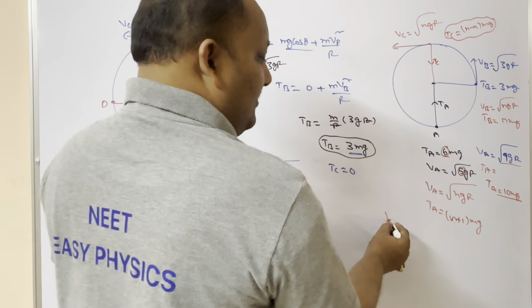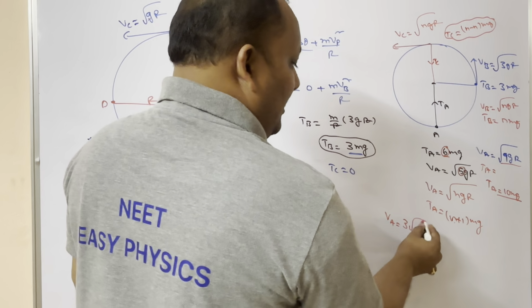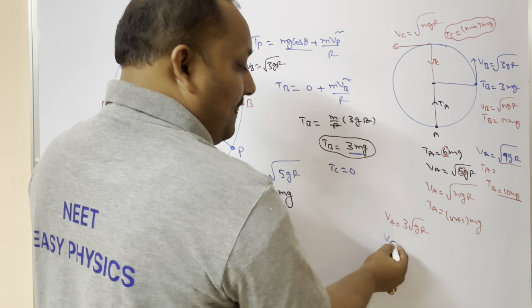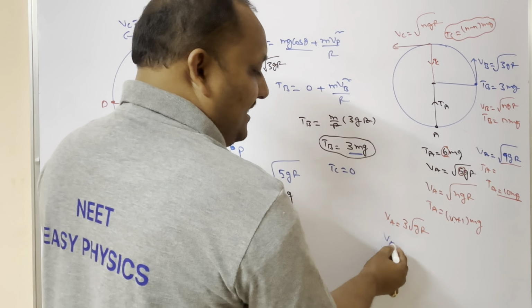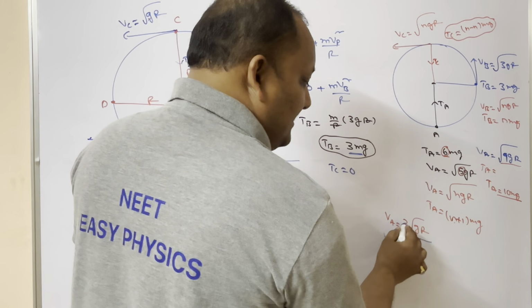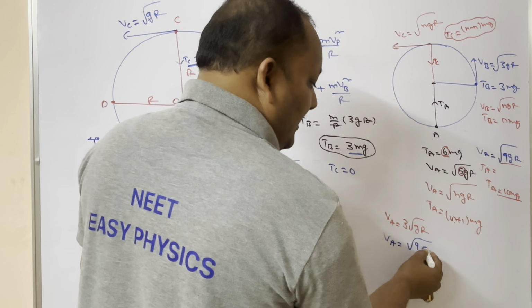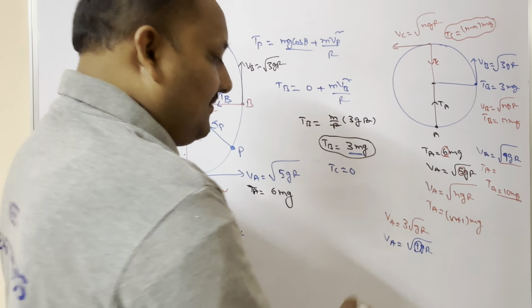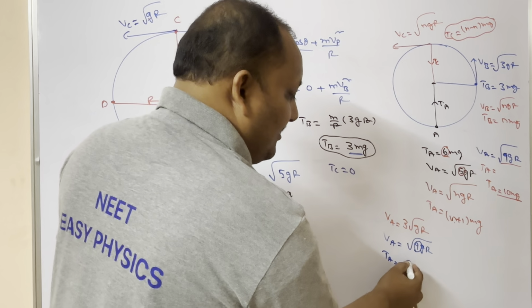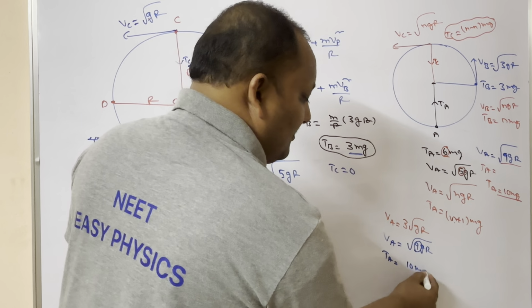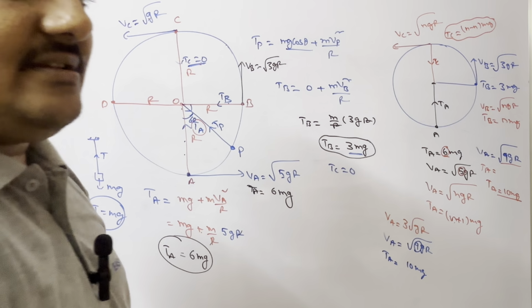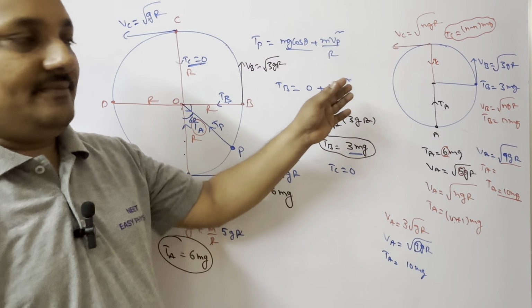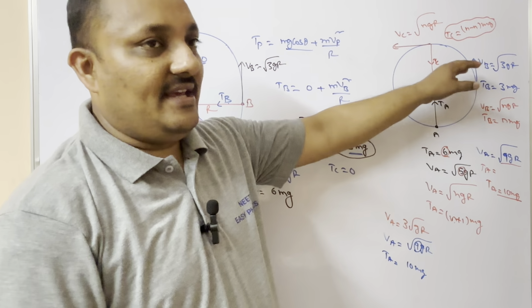They may also give VA indirectly as 3 root gr at the bottommost point. At that time, what is the tensional force at A? VA is 3 root gr, and if you send the 3 inside, it is root 9gr. Again here in place of N you have 9, therefore the tensional force at A is N plus 1 mg, so you will get 10 mg, isn't it? So like this you have to remember logically.